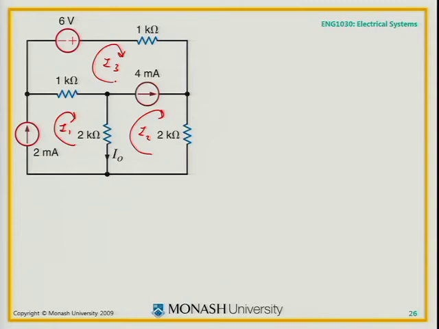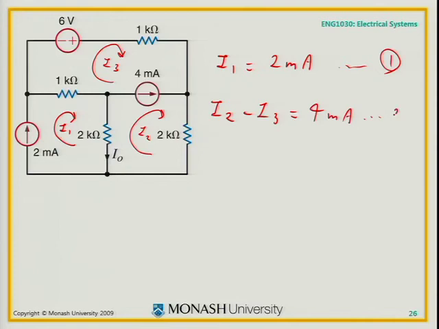Give me an equation. I1 equals 2 milliamps. There's my first one. I need 3. Give me another one. Beautiful. I2 minus I3 equals 4 milliamps.